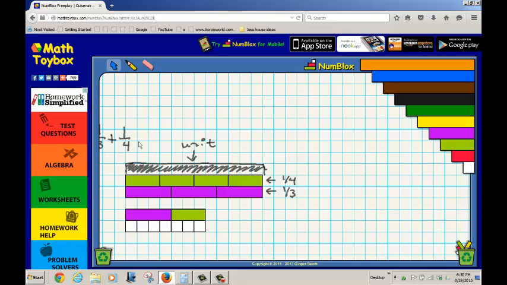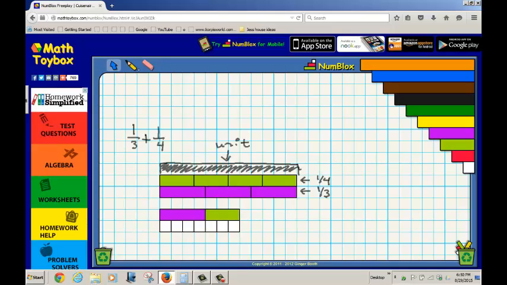And so 1/3 plus 1/4 is equal to 7 twelfths.